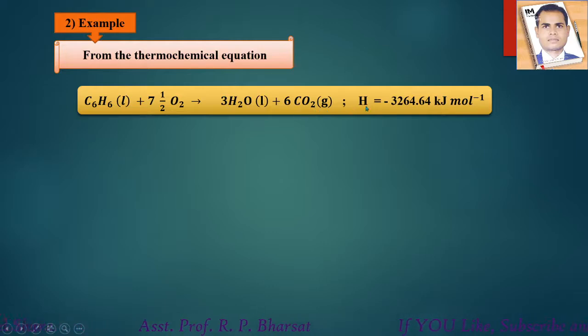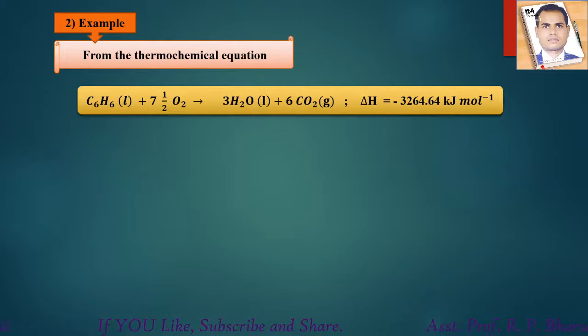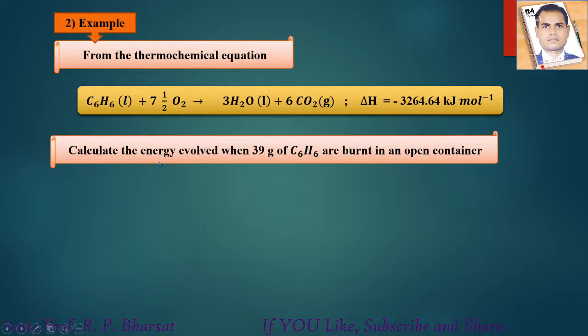The change in enthalpy is given as minus 3264.64 kilojoules per mole. So calculate the energy evolved when 39 grams of C6H6 are burned in an open container.